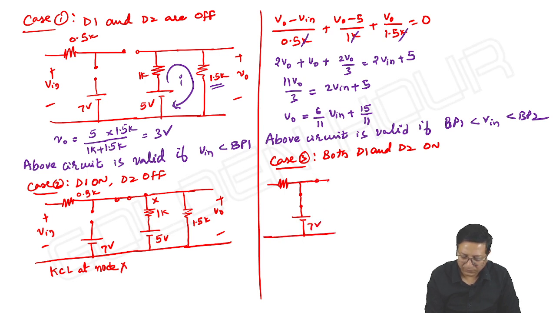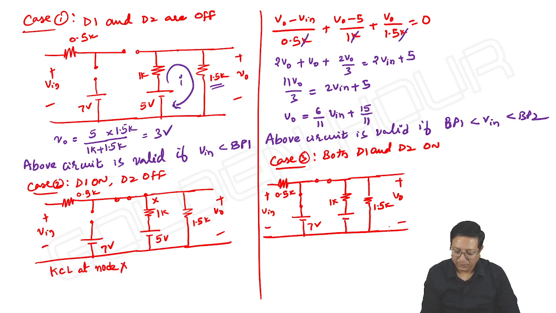7 volts. V output. So what is the output? 7 volts. How long is this valid?